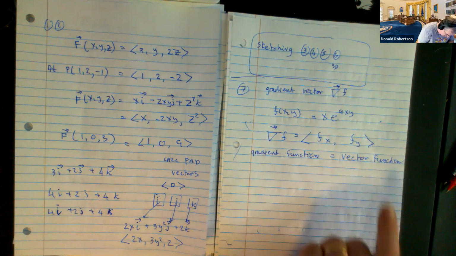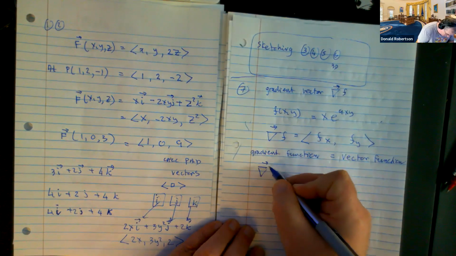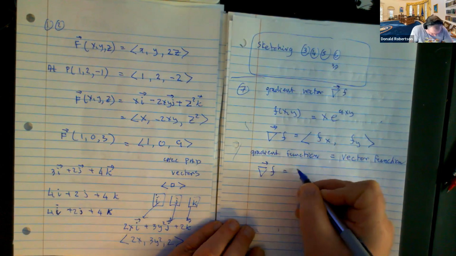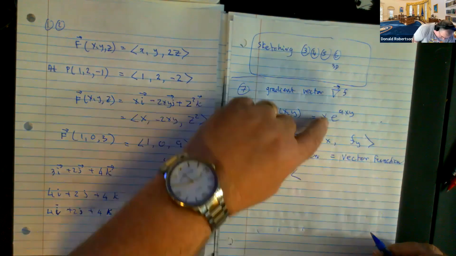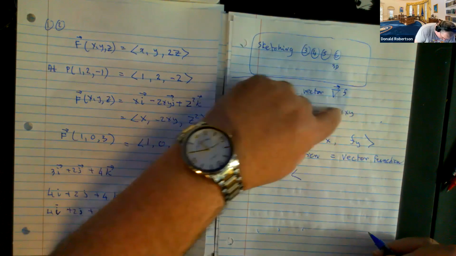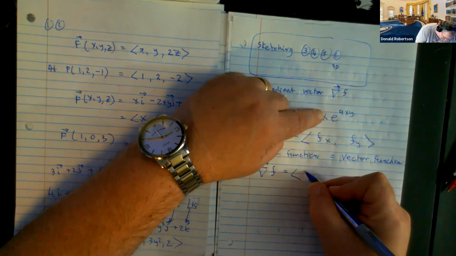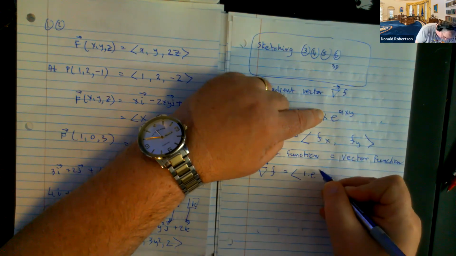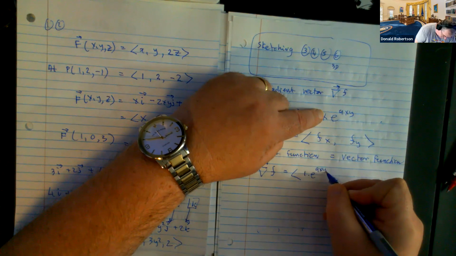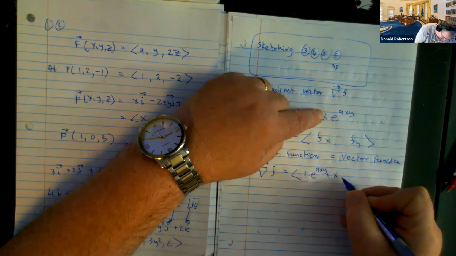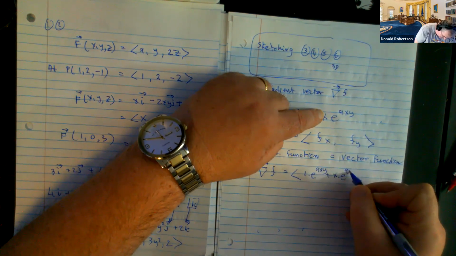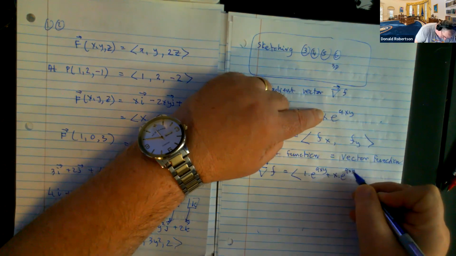So let's see what the gradient function is on this question. If you differentiate this with respect to x, you're going to have to do a product rule. So it's going to be 1 times e to the 9xy plus x times e to the power of 9xy times the derivative of that, which is 9y.